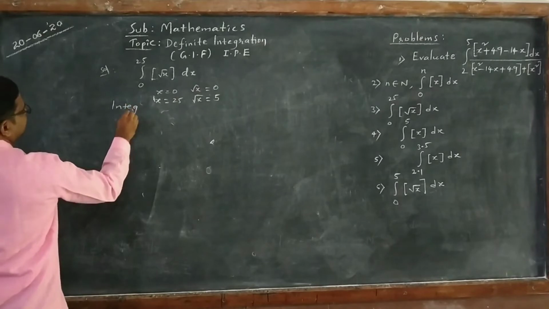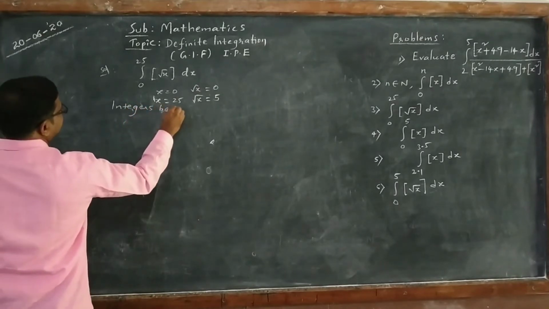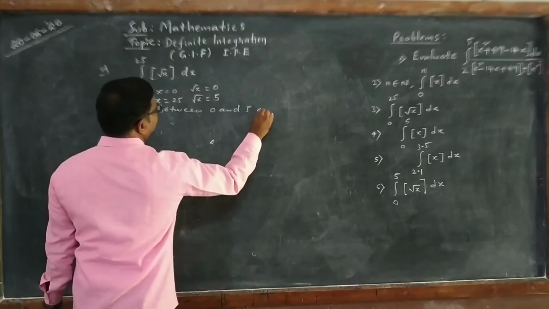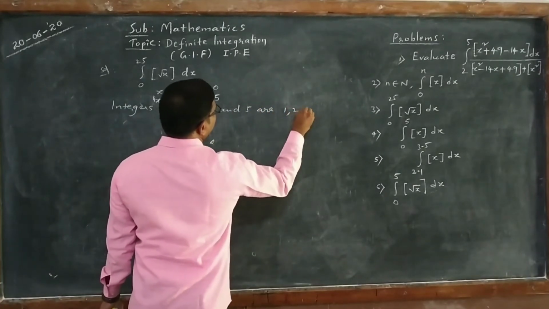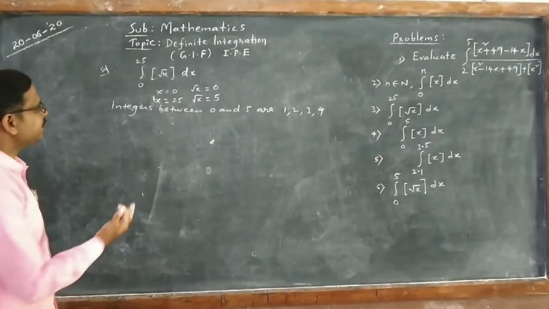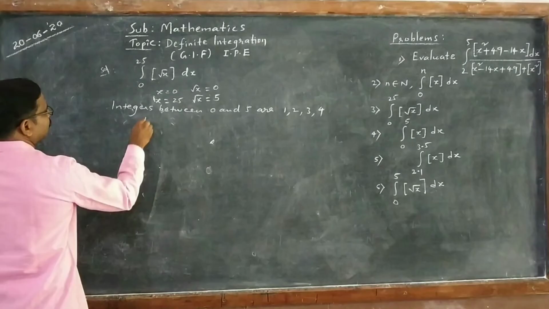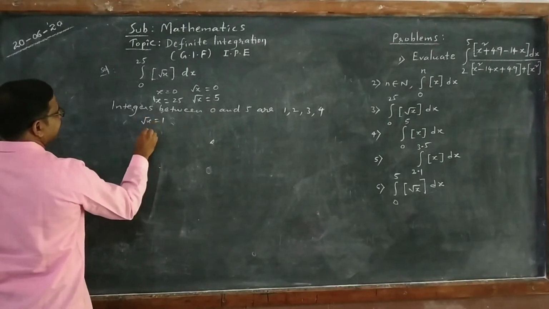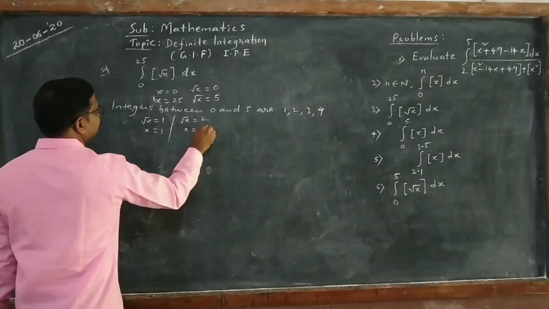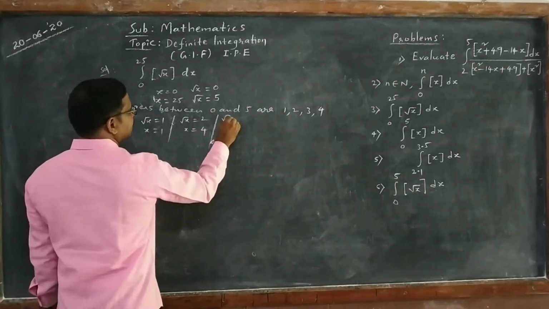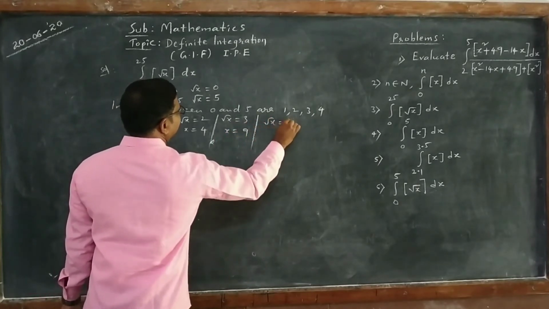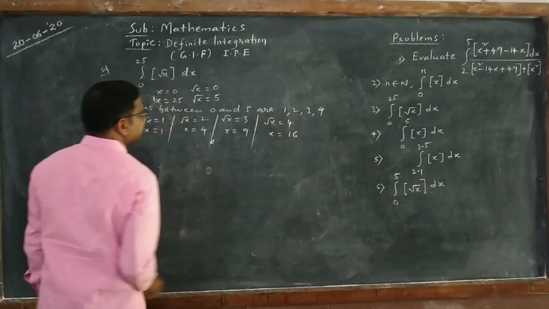The integers between 0 and 5 are 1, 2, 3, 4. So root x equal to 1, x will be 1. Root x equal to 2, x equal to 4, squaring on both sides. Root x equal to 3, x equal to 9. Root x equal to 4, x equal to 16.